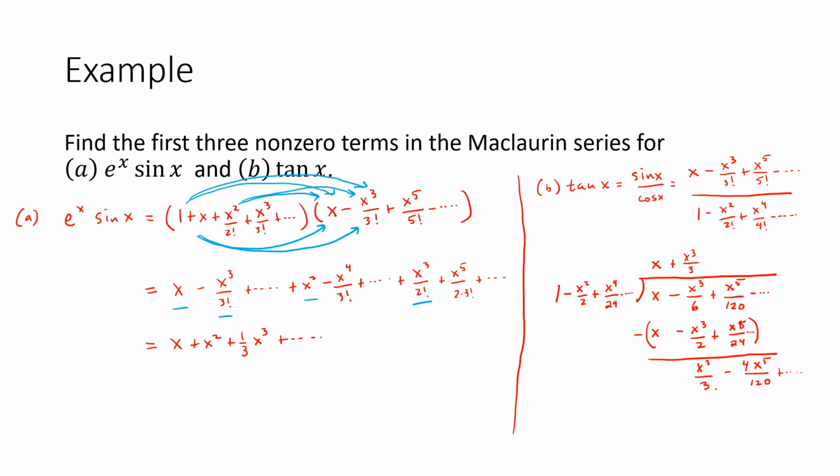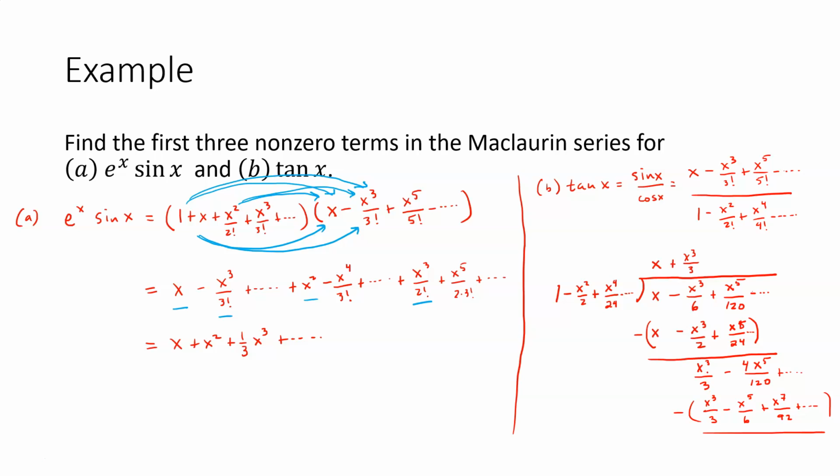And then multiplying here, so we would have x to the 5th over 6. And then x to the 7th over 3 times 24, 72, and so on.